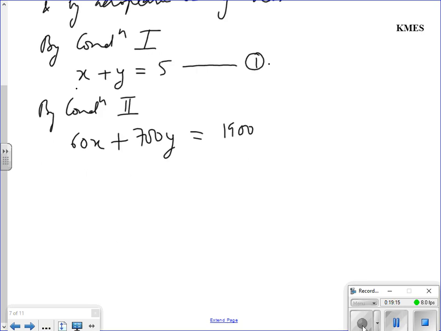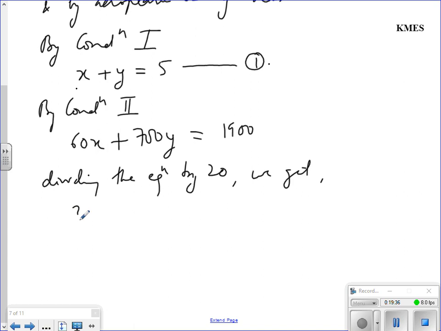We can reduce the given equation by dividing it by 20. So if I am dividing this equation by 20, I get 3x plus, if I divide 700 by 20, I get 35y equal to 1900 divided by 20 will give us 95.